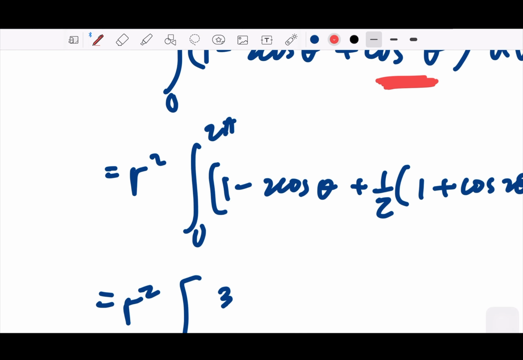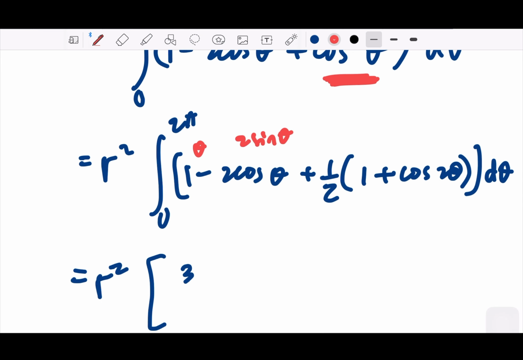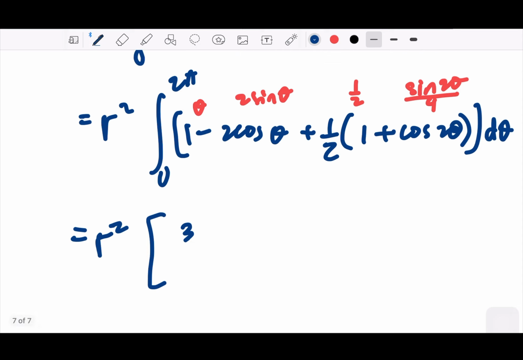Let me check this with d theta: 2 sine theta. This is half, this is sine 2 theta divided by 2 and 4, right? So this will be 1 plus half, 3 over 2, do I get that correct?